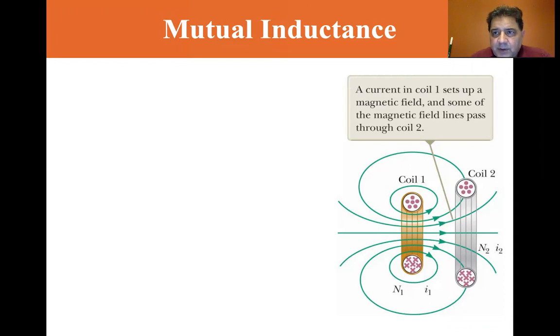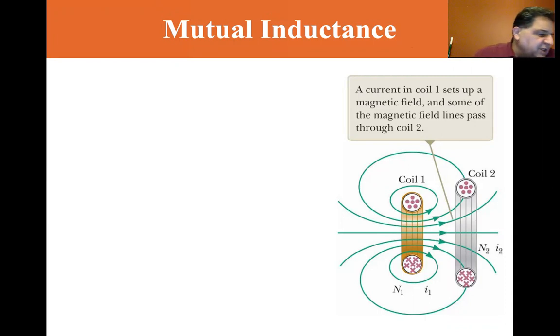You have a current in coil 1, which sets up a magnetic field, and some of the magnetic field lines pass through coil 2. Now we know that in steady state, you won't get an induced current. You won't get an I2 in coil 2.